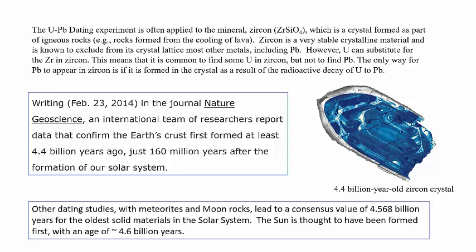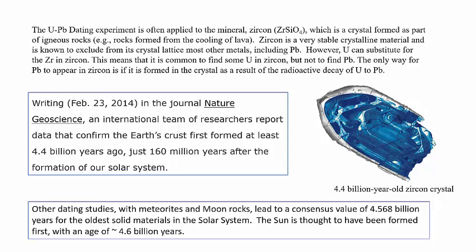Zircon is a very stable crystal material, and it's an example of one of these materials that will exclude lead from its crystal lattice. Now, that's a lot of science words, but basically it means that lead does not exist in the mineral zircon unless it is formed from uranium, because uranium will substitute for the element zirconium.